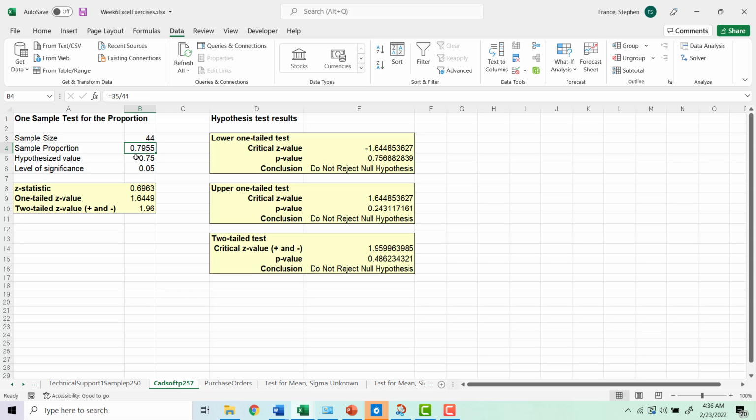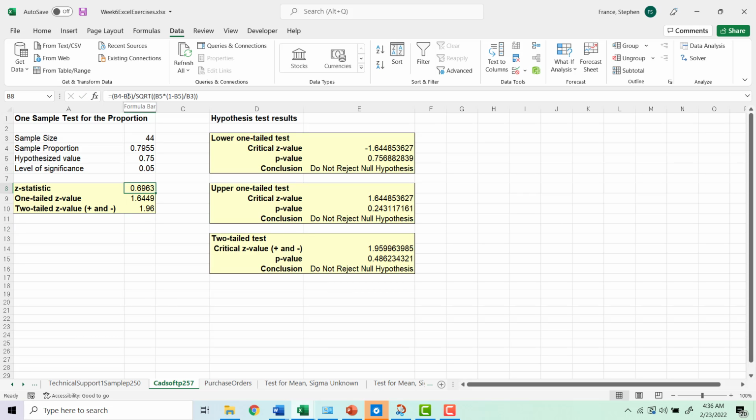We're hypothesizing that it's 0.75. We usually use an alpha of 0.05. 0.01 would give us a stricter test with higher z-scores we need to get past. 0.1 would give us a less strict test, but let's stick with 0.05.